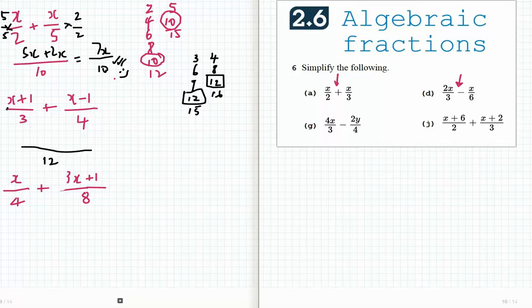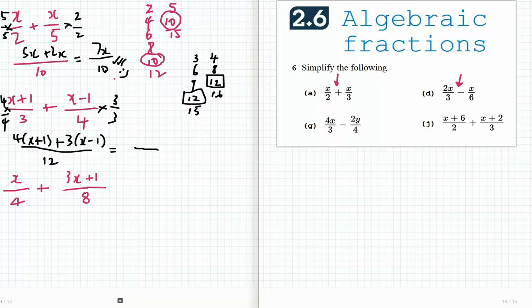I need to multiply this one by 4 over 4. I've got 4 times x plus 1, plus, and I need to multiply this one by 3. So 3 times x minus 1.